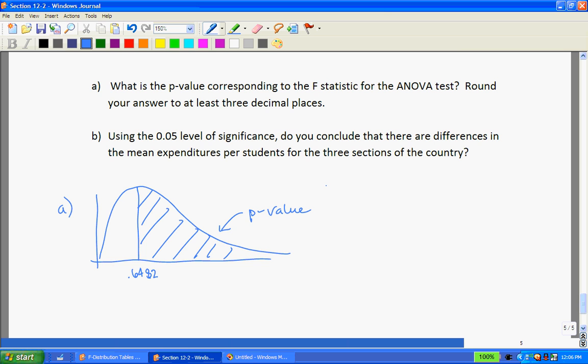So either you can use your calculator or you can use the ALEX calculator. Now if you choose to use your TI-83 or 84, you would go into calculator instructions, into your distributions, like where you're used to going for your normal and binomial and all that stuff, and arrow down until you see capital F CDF.